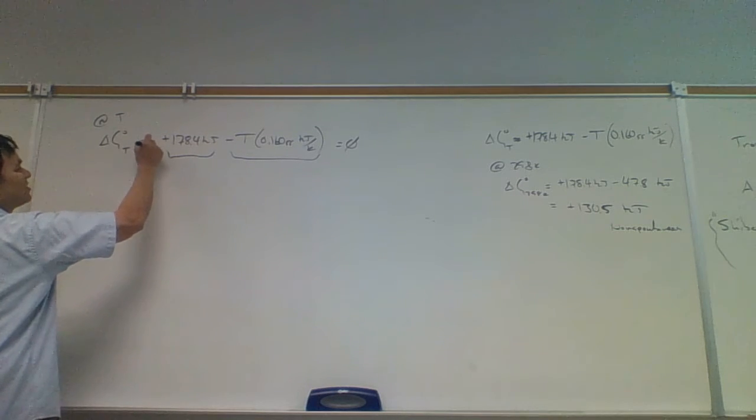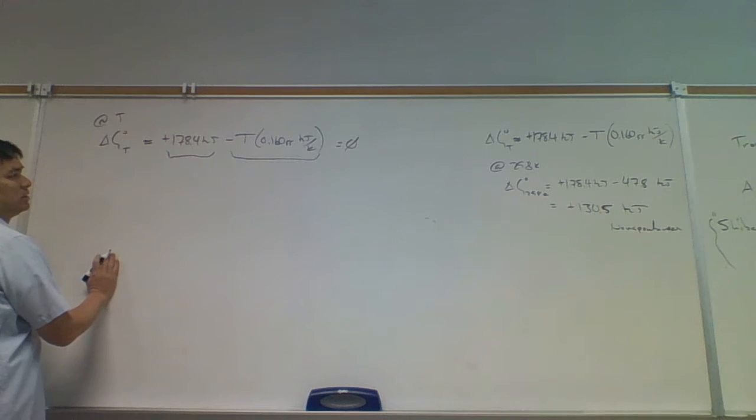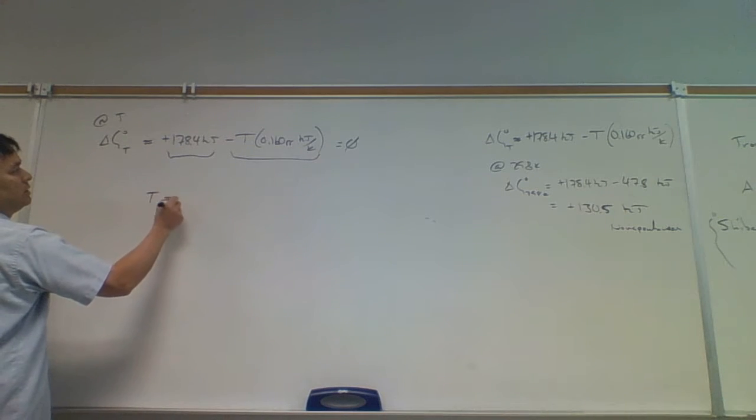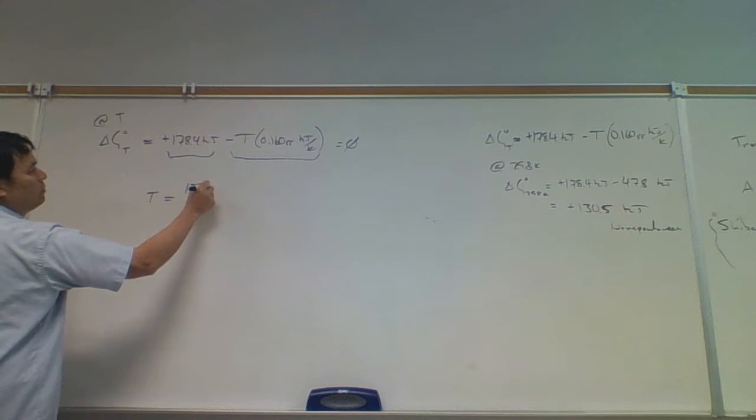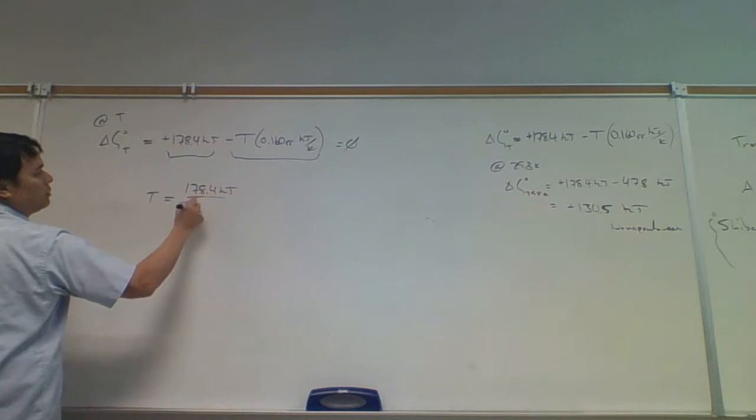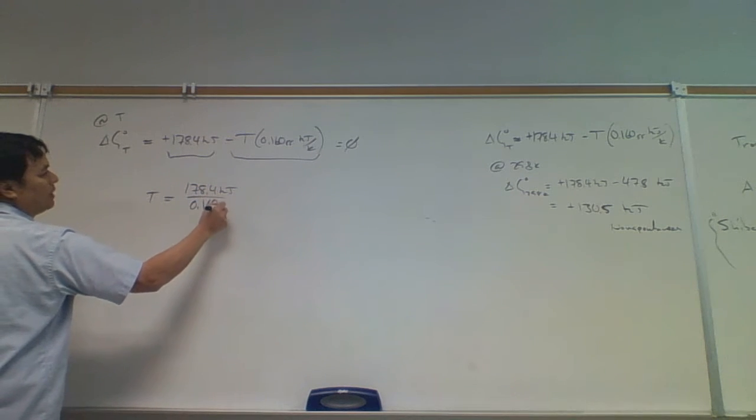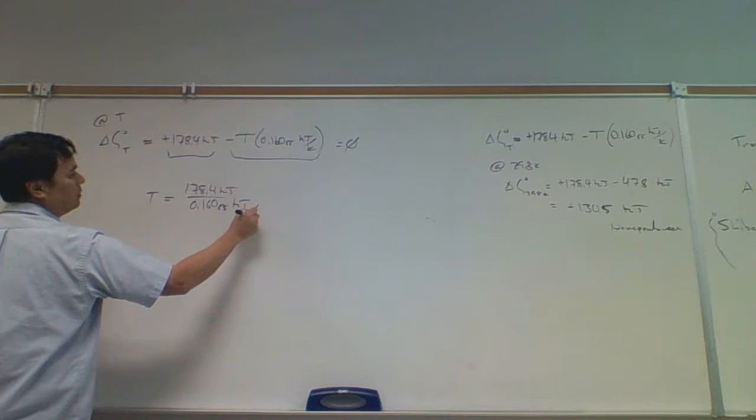And so what is that temperature cutoff there? Again, this is going to be approximate because of the delta H and the delta S. So T is going to equal 178.4 kilojoules divided by 0.16055 kilojoules per Kelvin.